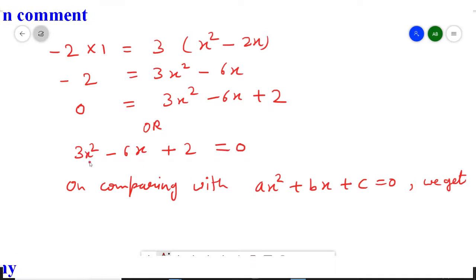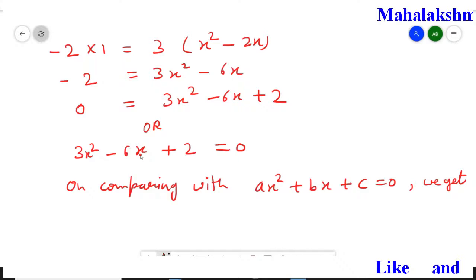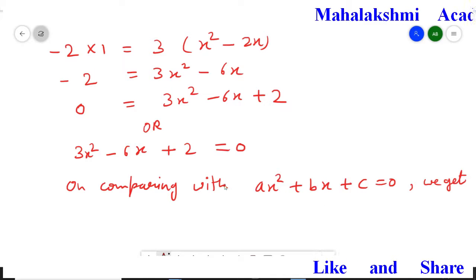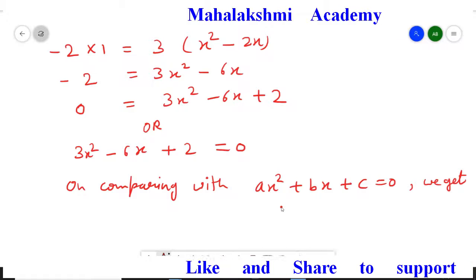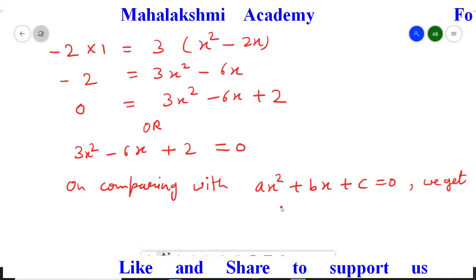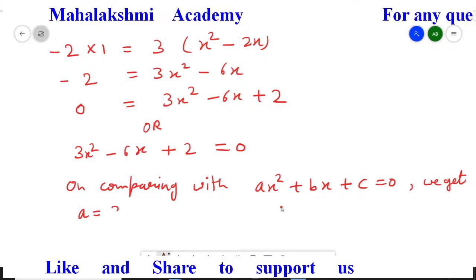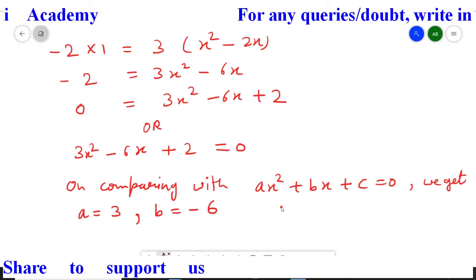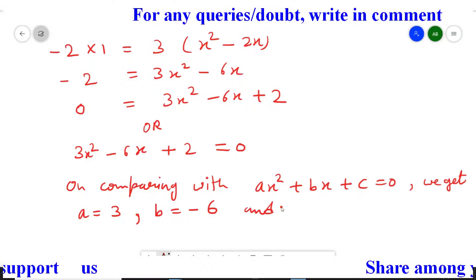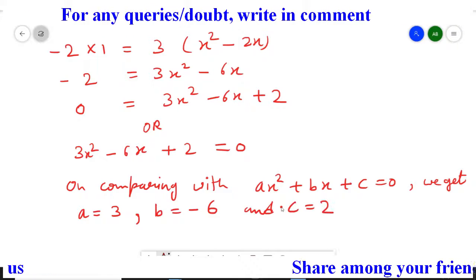So a is equal to 3. In the same way, the x coefficient is b, and what is the coefficient of x here? Minus 6. So b is equal to minus 6, and c is the constant, that is 2. So we get a is equal to 3, b is equal to minus 6 and c is equal to 2.